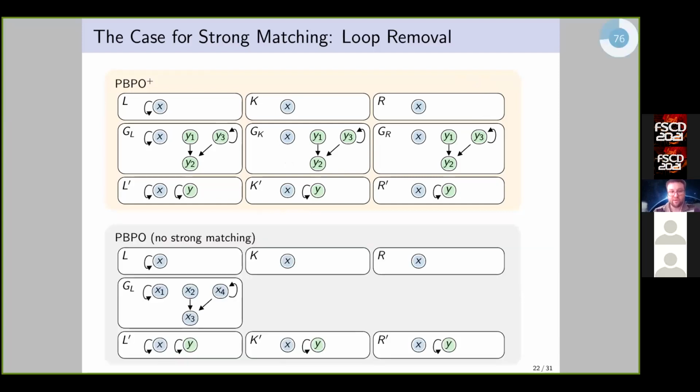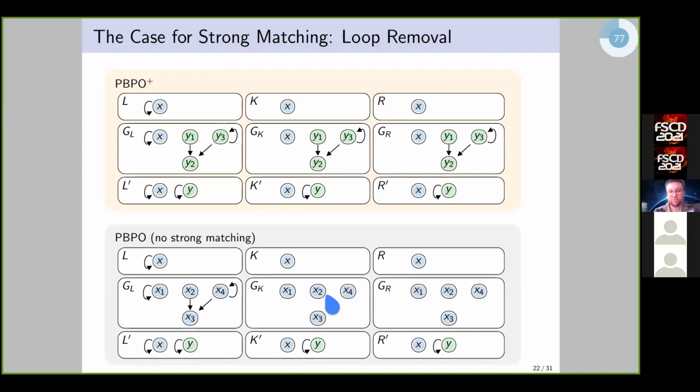If we look at PBPO without the strong match condition, then we can map the entire context on this node X in L prime. And what happens now if we compute the pullback, it will filter out all the edges mapped on this edge here, and that's all the edges of the graph. So then this rule drops all the edges of the entire host graph.